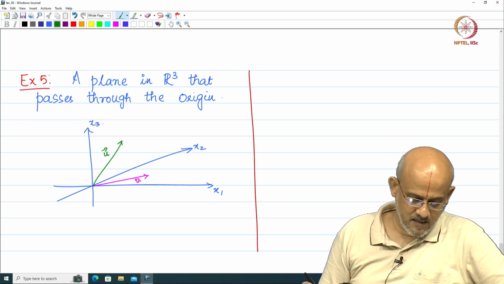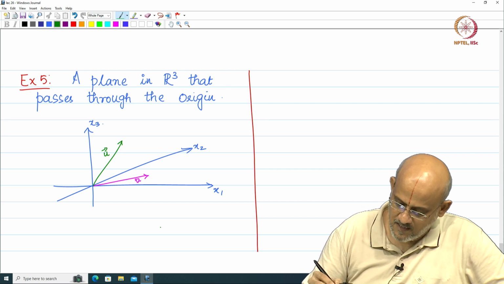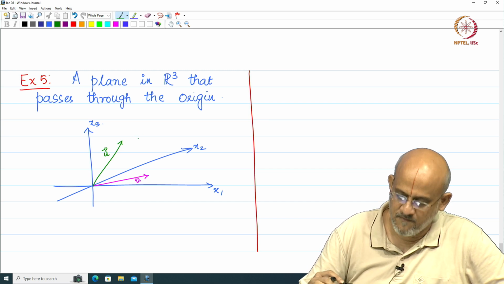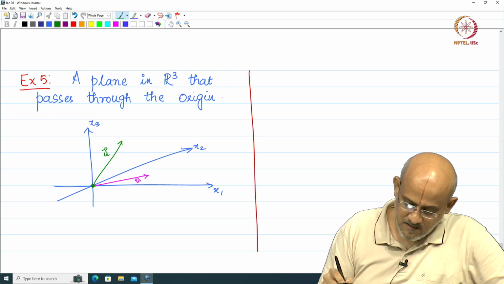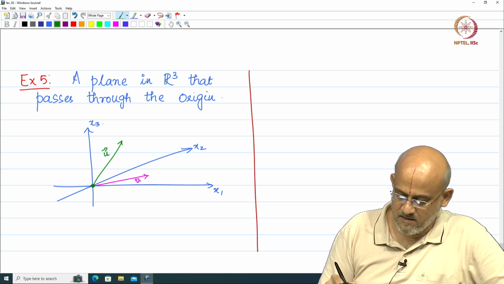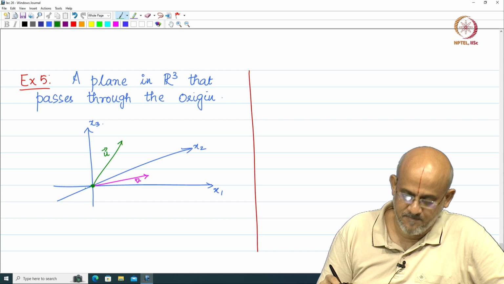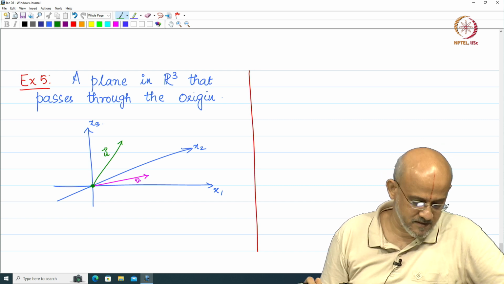Now, these two are linearly independent vectors, therefore you are going to have an entire plane formed by these two linearly independent vectors, and the vectors u and v, we are taking it with respect to the origin, the references with respect to the origin.